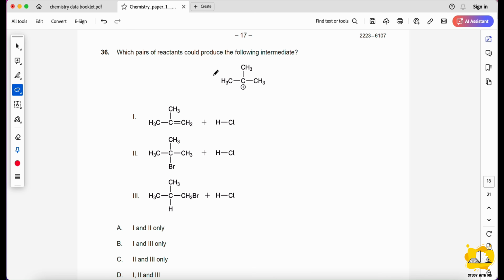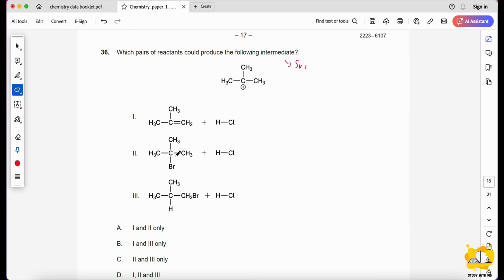Okay, which pairs of reactants could produce the following intermediate? Producing a carbocation intermediate proceeds in two steps, which is SN1. The SN1 mechanism involves a tertiary halogenoalkane. So we need a tertiary halogenoalkane.